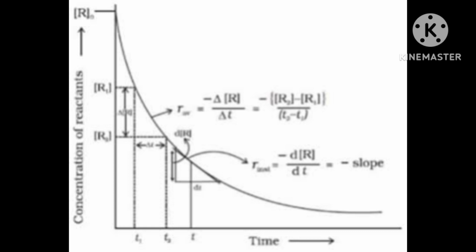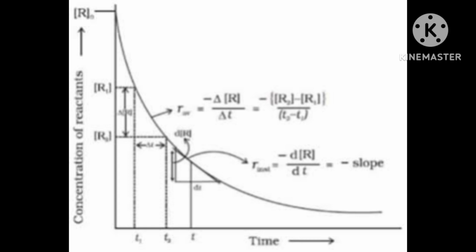Same way, this graph I have told you is in the case of the reactant, where the concentration is decreasing. But if you want to know the rate in terms of products, what will happen? With time the product will increase. Then the nature of the graph curve will be reversed.